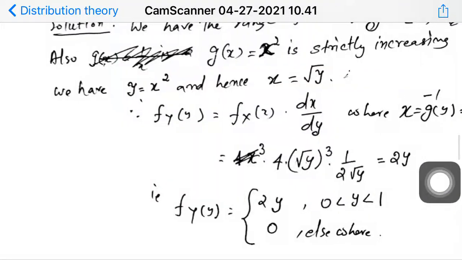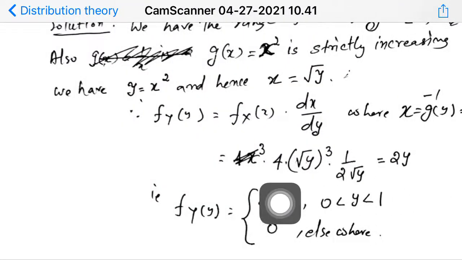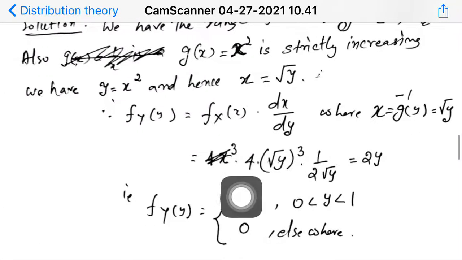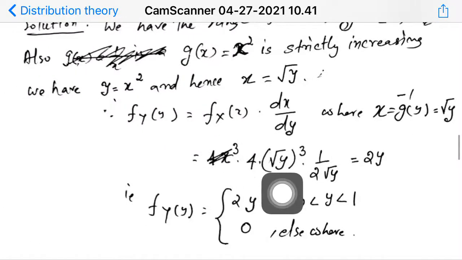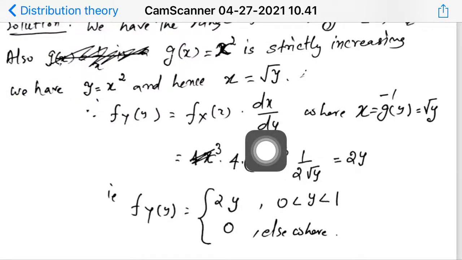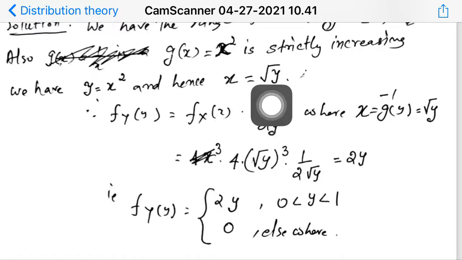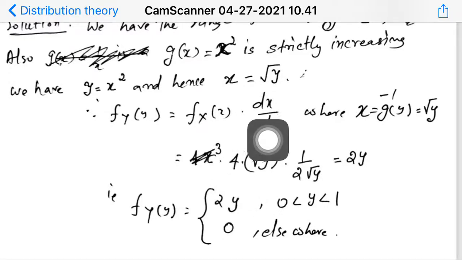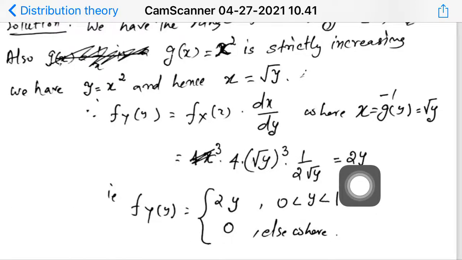And you see, this is equal to fx of x, which means 4 into x cube. But x is g inverse y, which is root y. Therefore fy of y is 4 into root of y cubed into dx by dy. What is dx by dy? You know x equal to root of y, therefore dx by dy is nothing but 1 by 2 root y. So this is 1 by 2 root y, and on simplification you will see that it is equal to 2y.